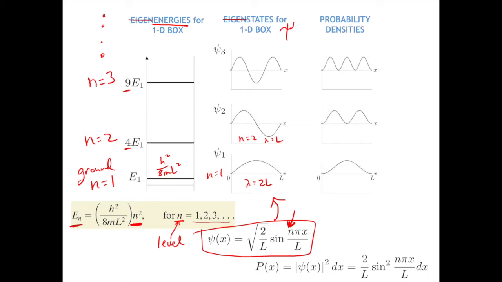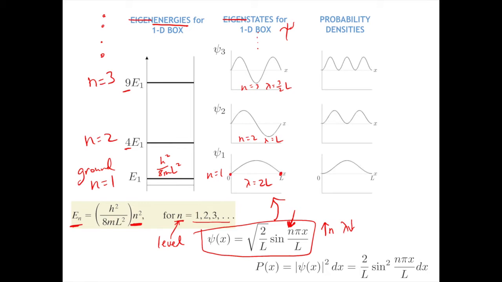For n equals 2, the wavelength equals L. For n equals 3, the wavelength equals 2L over 3, and again, it keeps going. All right, so the amplitude is going to be the same for all of them, but they have decreasing wavelength. As you increase n, your wavelength is going to decrease.